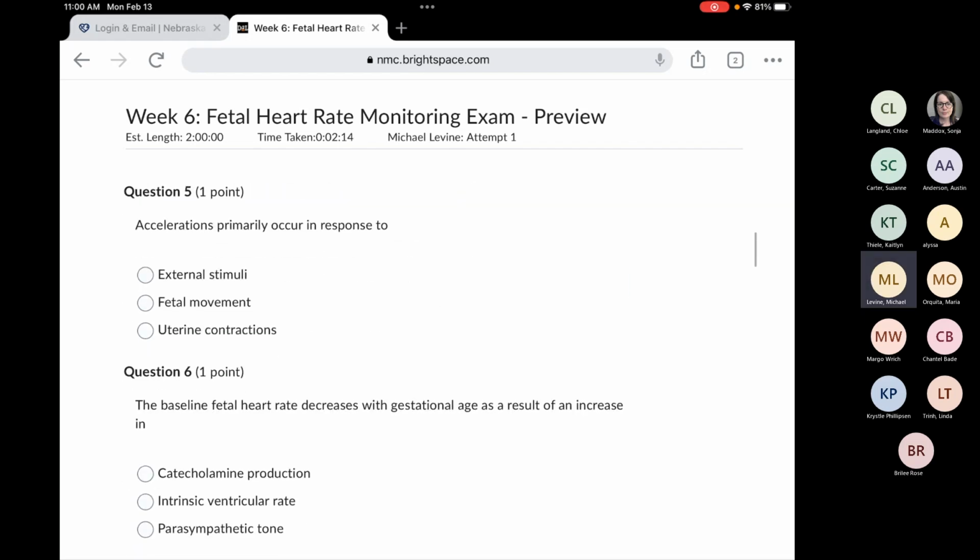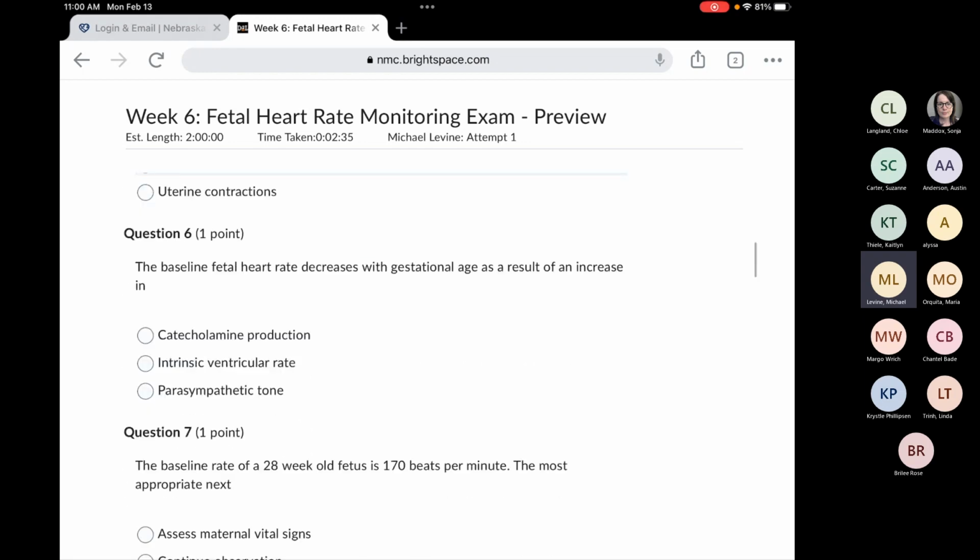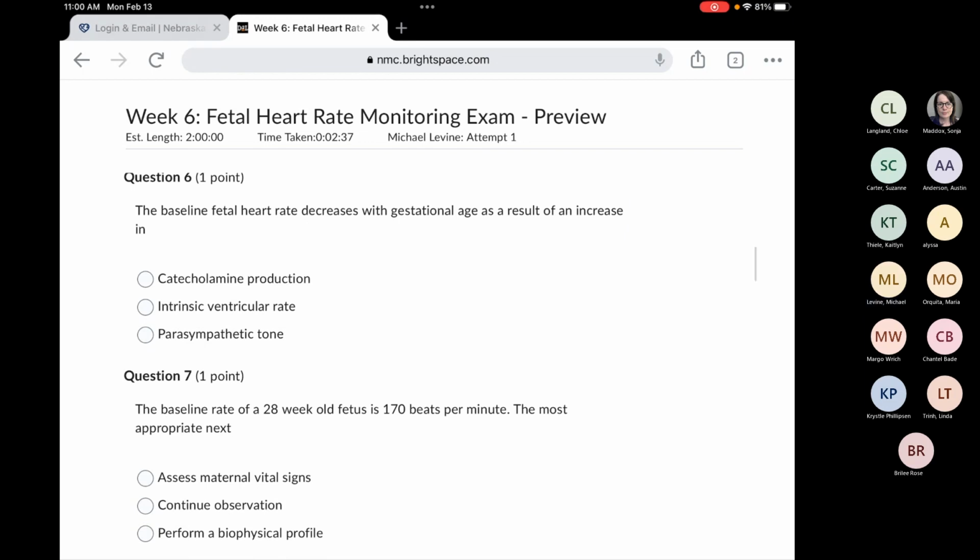Number 5, accelerations primarily occur in response to. This is a little challenging because it could be A, but usually it has to do with fetal movement. Accelerations are the product of fetal movement, the intact nervous system, the autonomic nervous system.